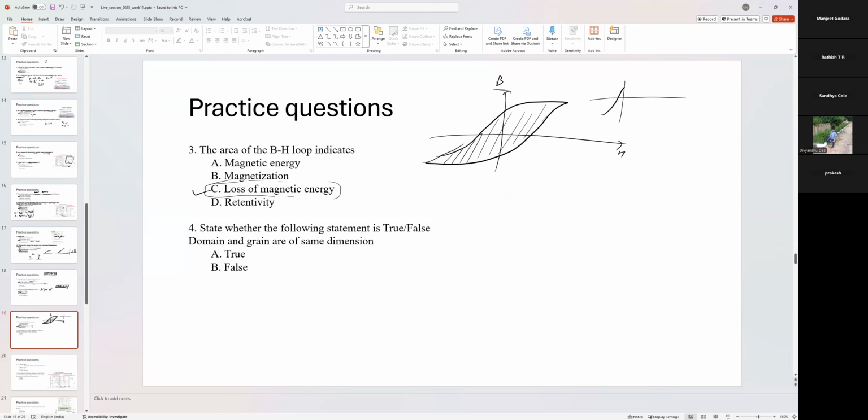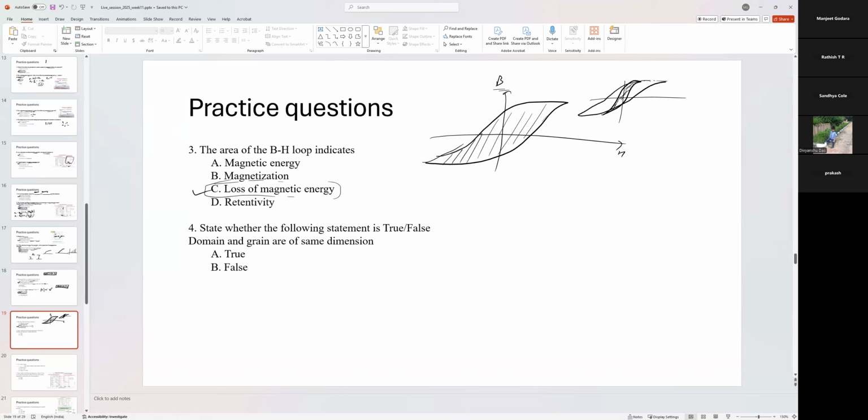You still want to go to the same level of magnetic field, but you want the area to be smaller, like this.